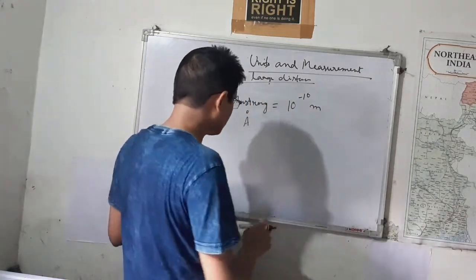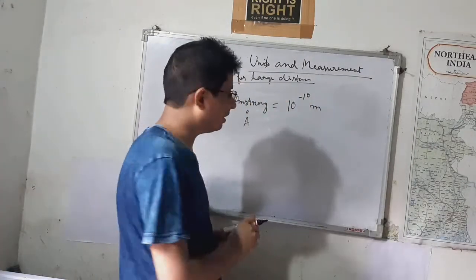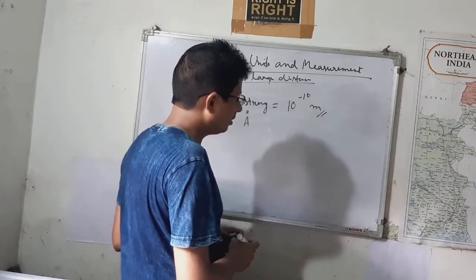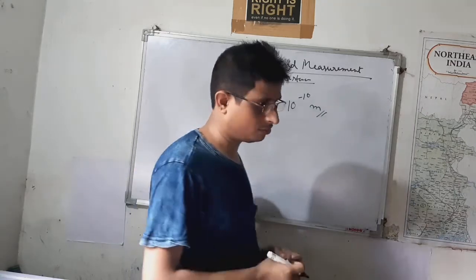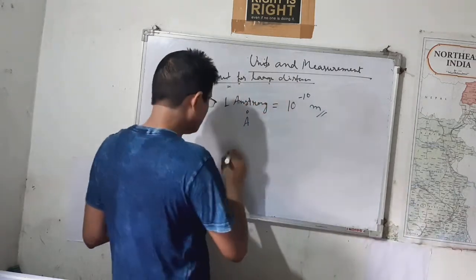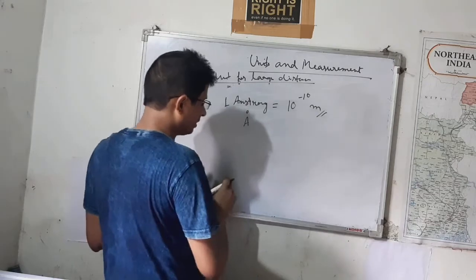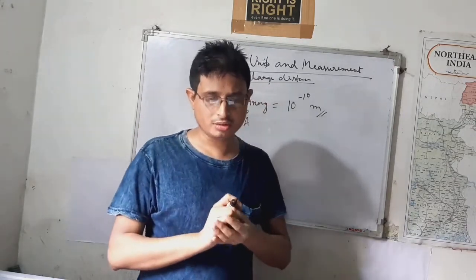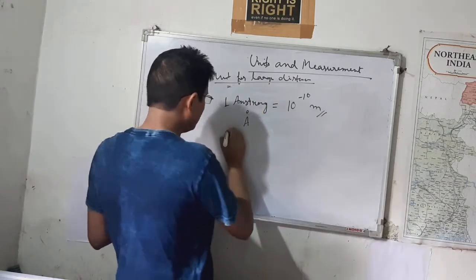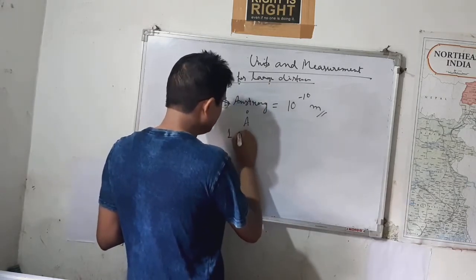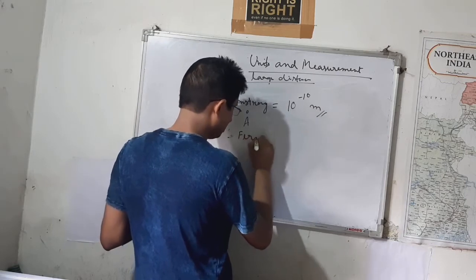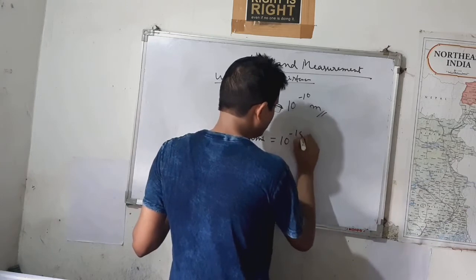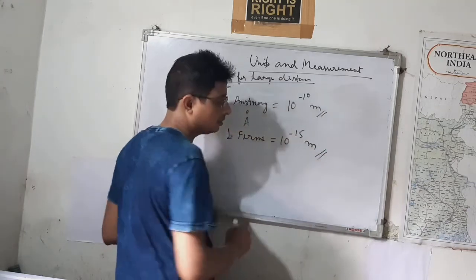Angstrom is usually used for calculating the size of an atom. If you want to measure the size of a nucleus, which is very small compared to the size of an atom, we use a unit known as Fermi. 1 Fermi is equal to 10 to the power minus 15 meter.